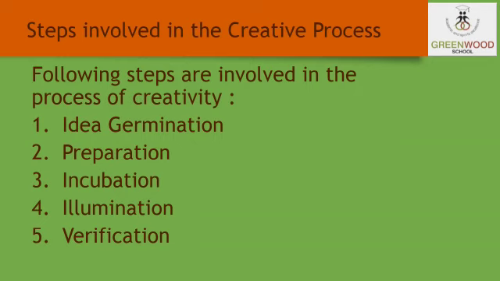The first step is idea germination. It is the seeding stage where the new idea grows. The idea germinates from the interest and curiosity of the entrepreneur. He then explores and exploits it to its best potential. The ideas can also germinate from the need of a specific problem or area of study.